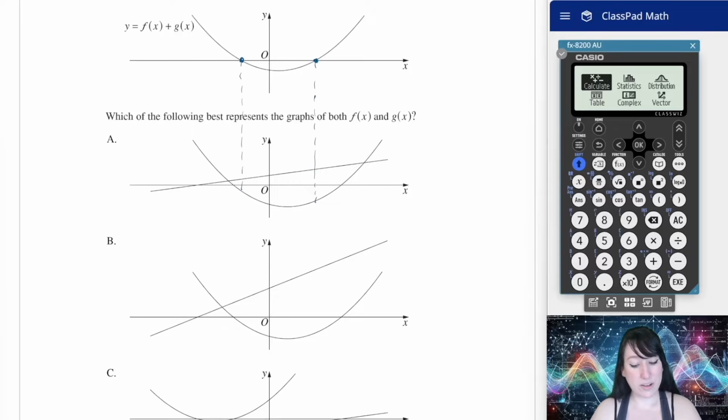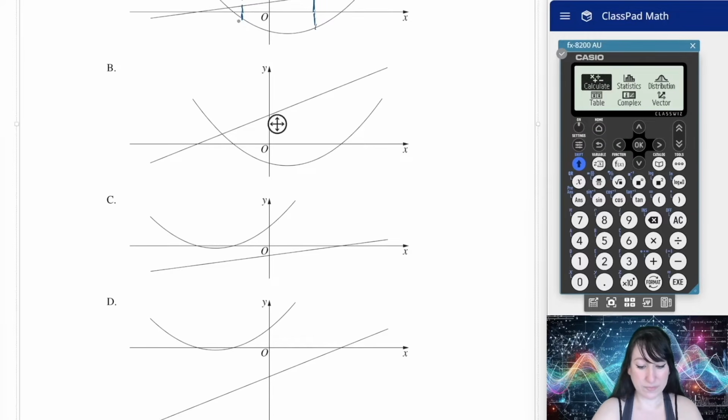Option A looks like it could be a reasonable choice because at those approximate values of x, the two graphs are about the same distance from the x-axis. If we check the other graphs, we'll see what happens.